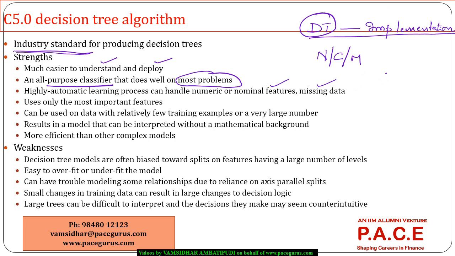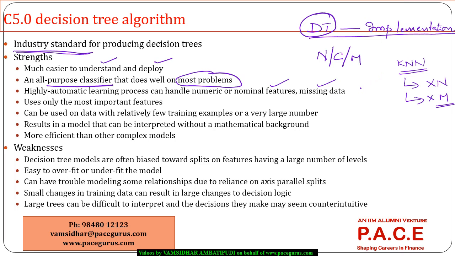If you remember your KNN algorithm, the nearest neighbors algorithm, it will not work if there are nominal variables in your data. So you have to convert them into dummy variables. It will not work if there are missing values in your data, so you have to handle them.